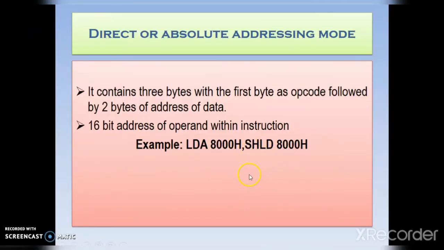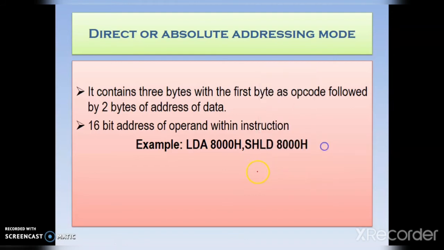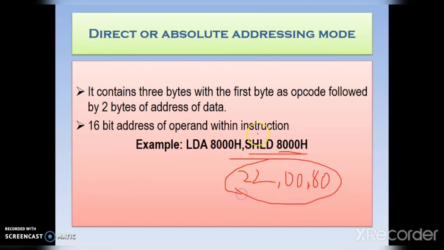So for this instruction, the corresponding hexadecimal code is 22, followed by 2 byte of address, means in the 16-bit address, the lower order address followed by higher order address. So this is 3 byte instruction. So here direct addressing mode represents 3 byte instruction with the first byte as opcode and the second byte as lower byte of 16-bit address and third byte as higher byte of 16-bit address.